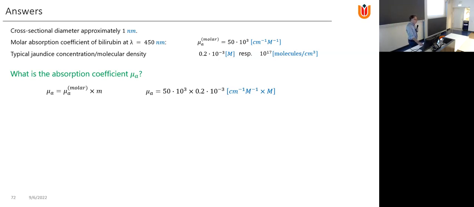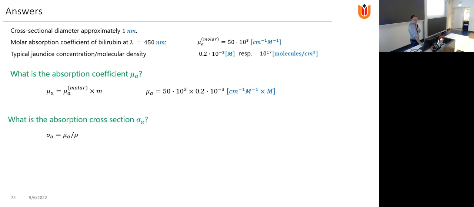Okay, is that clear for everyone? I guess so. Then the second one: from that, can we calculate the absorption cross section of such a molecule? Similar to the process you previously explained, where you get the absorption coefficient from the cross section, you just switch that around. You need the density for that. So the cross section will equal the absorption coefficient divided by the density.